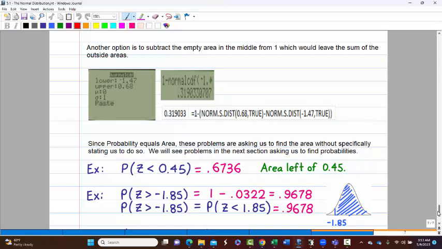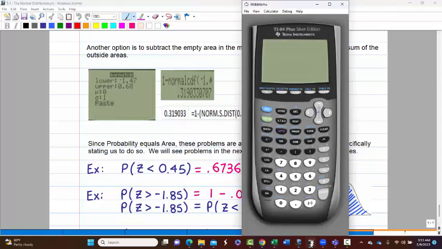Like I said, you can choose to do the other method, but I'm going to do it this way for the purposes. So first thing we'll do the calculator. So it's going to be a 1 minus normal CDF. And because we are between two numbers, we use the numbers. We don't have the 1e or negative 1e to the 99 thing for this one.